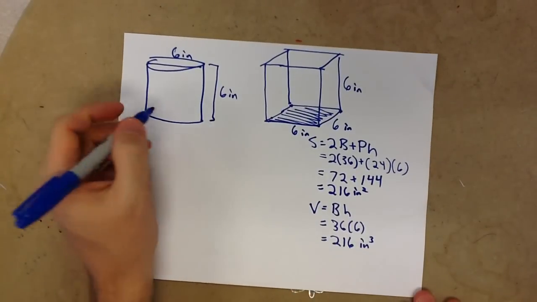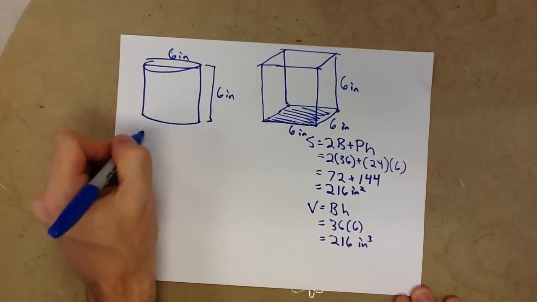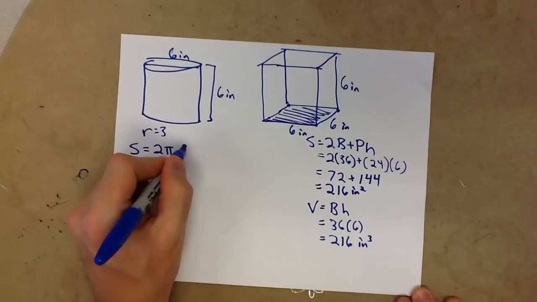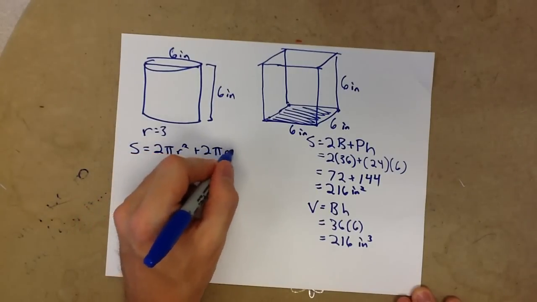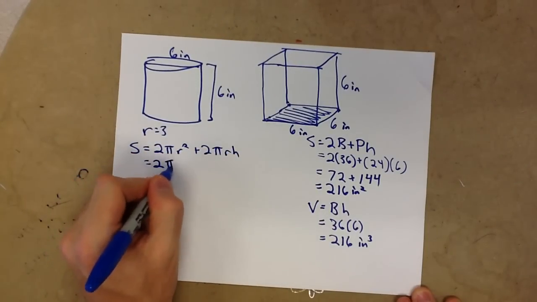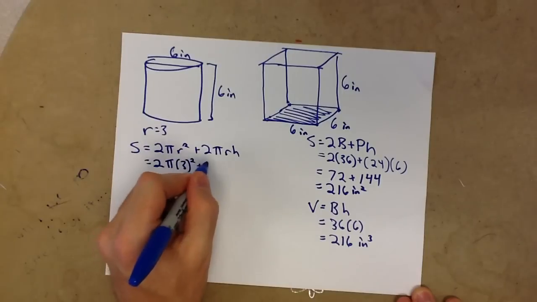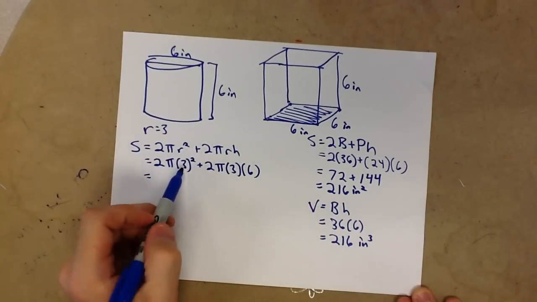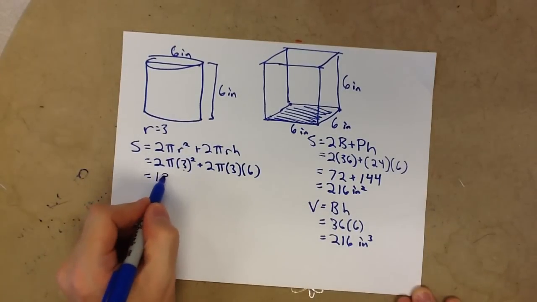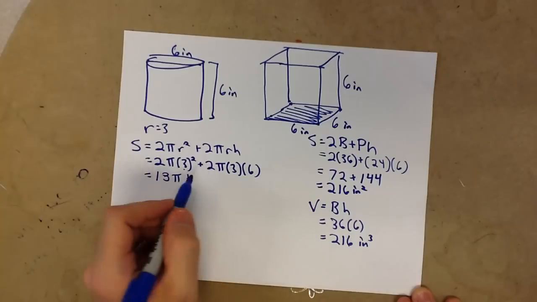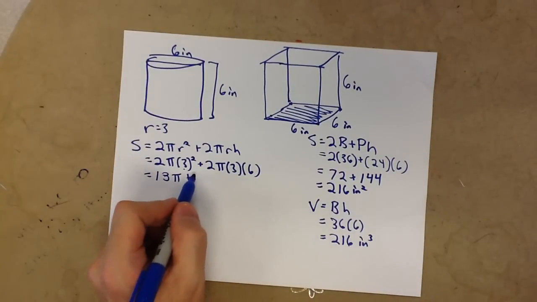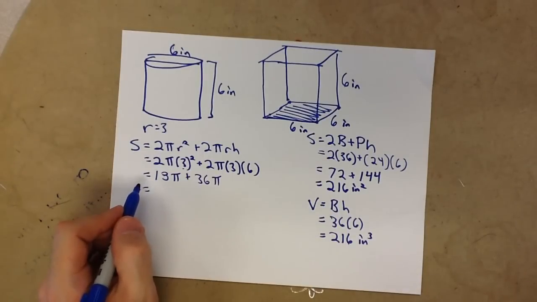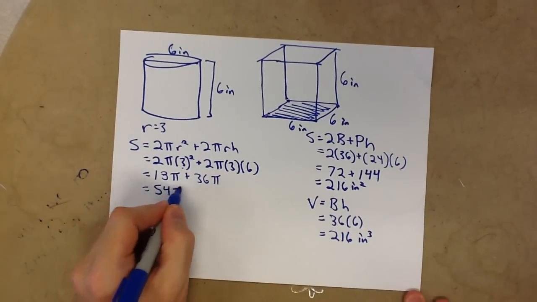Now we come over here, look at our cylinder. The diameter is 6, so we want to make the radius 3. Our surface area for a cylinder is 2 pi r squared plus 2 pi r h. That's 2 pi times 3 squared plus 2 pi times 3 times 6. 3 squared is 9, times 2 is 18. 3 times 6 is 18, times 2 is 36. 36 plus 18, we get 54 pi.